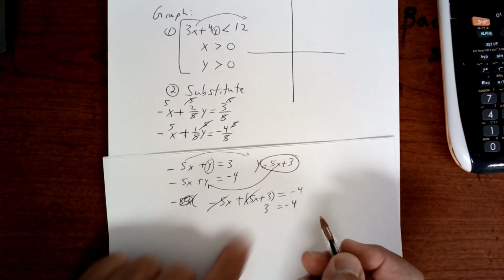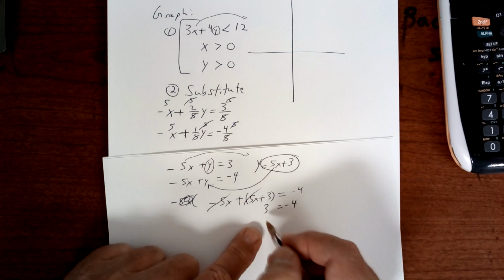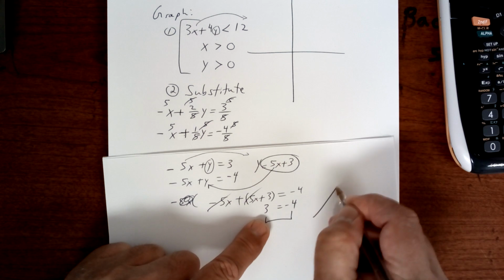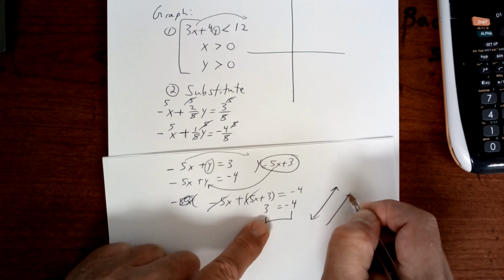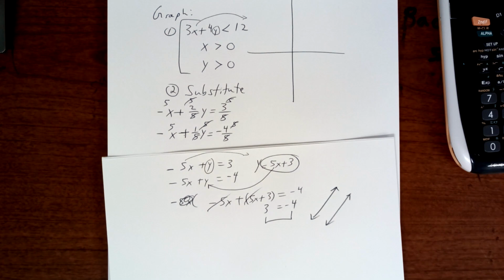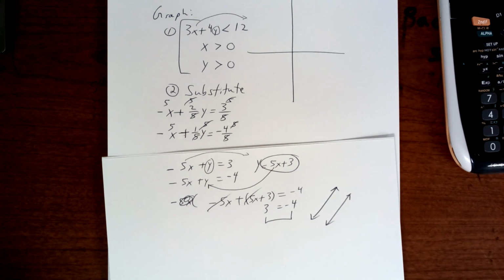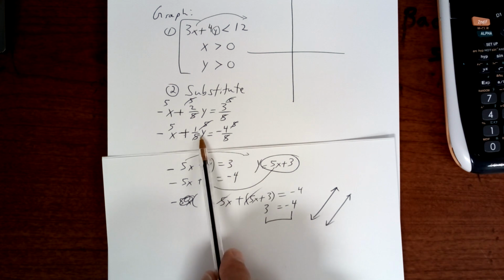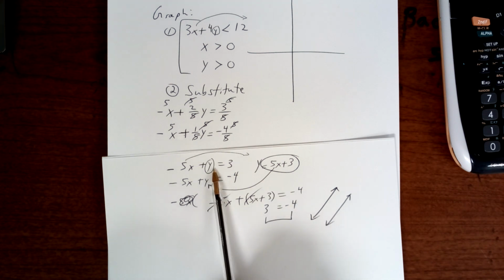This one is no solution. These lines are parallel. This is false. 3 does not equal negative 4. So if you graph them on your graphing calculator, you'll see they don't intersect. But the main point here is, number one, you got to clear your denominator to make it easier. Then you have to solve for one of the variables and then substitute and then work it out.